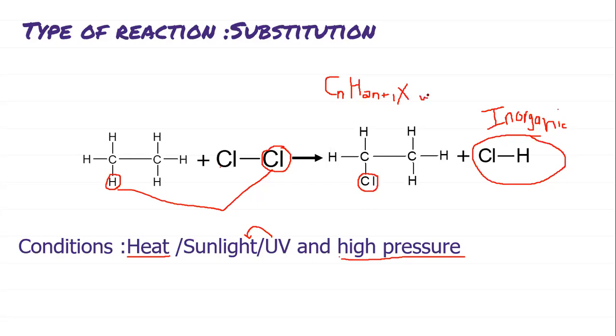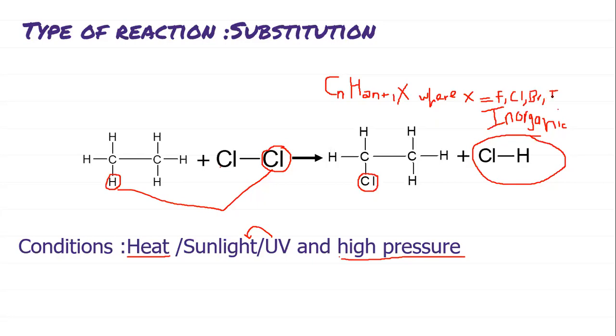Where X can be any halogen. For example, it could be fluorine, F. It could be chlorine, which is Cl. It could be Br, which is bromine. It could be I, which represents iodine.